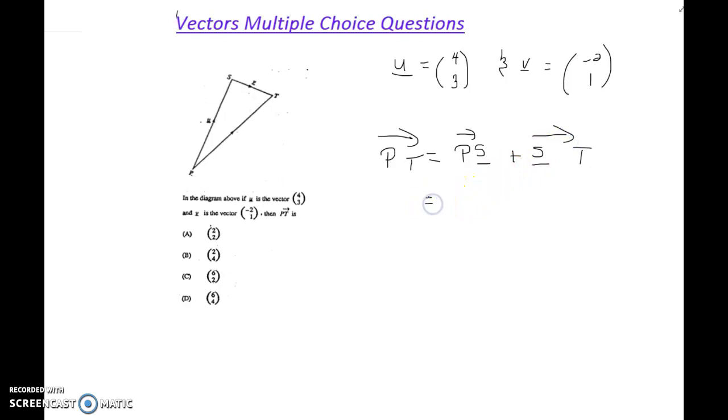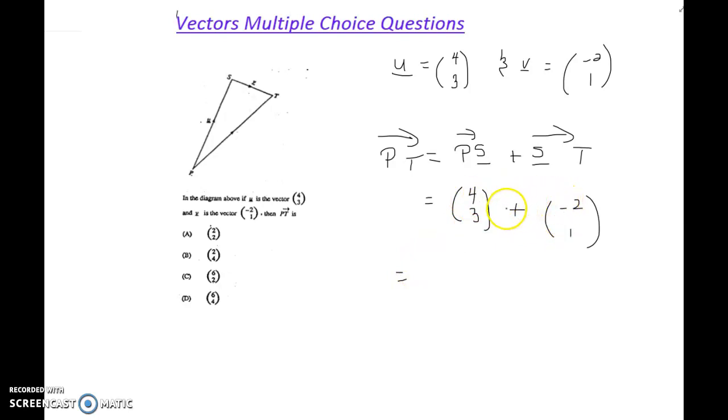Now from our diagram again, vector PS is actually U, so I'm going to put in the 4, 3, plus vector ST, which is really denoted by vector V, is negative 2, 1. And from here, you just go ahead and add your vectors. So this becomes 4 plus minus 2.